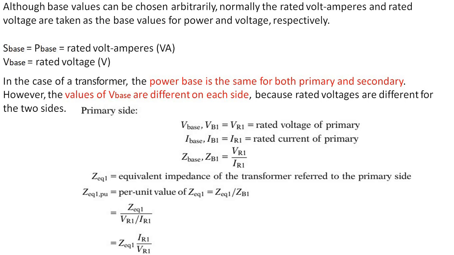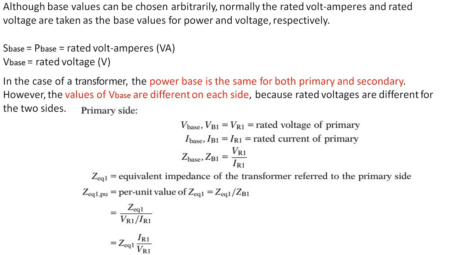On the primary side, V base VB1 is equal to VR1, the rated voltage of the primary, I base IB1 is equal to IR1, the rated current of the primary, and Z base is equal to VR1 divided by IR1. Zeq is the equivalent impedance of the transformer referred to the primary.